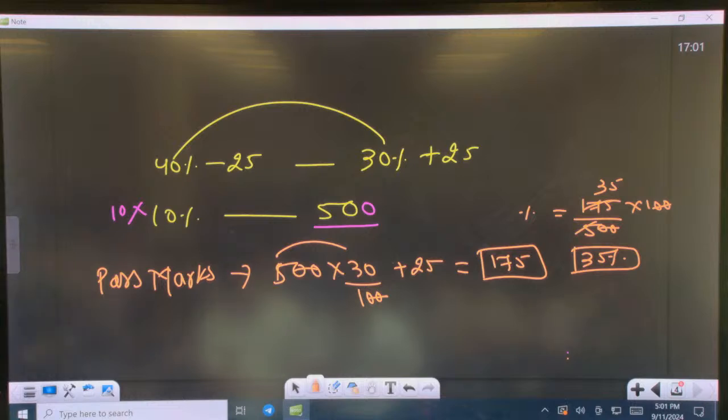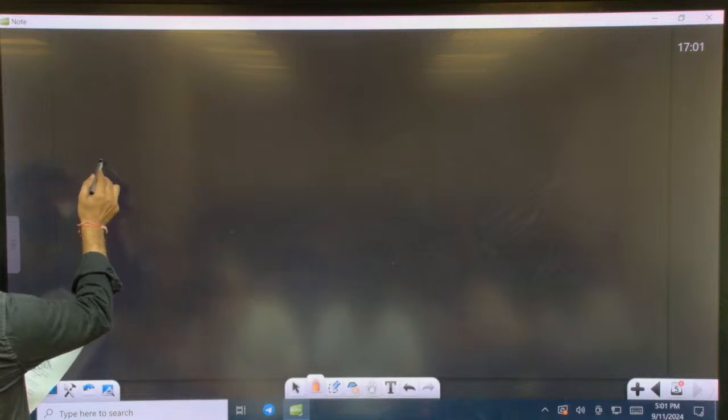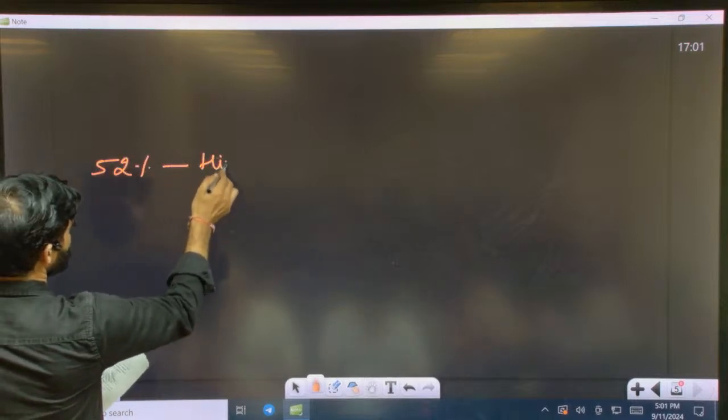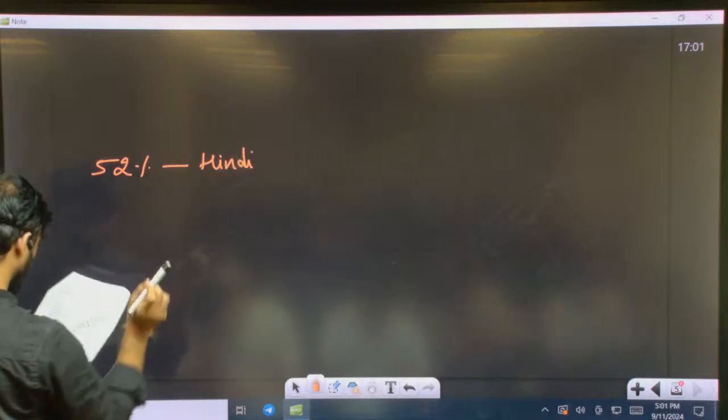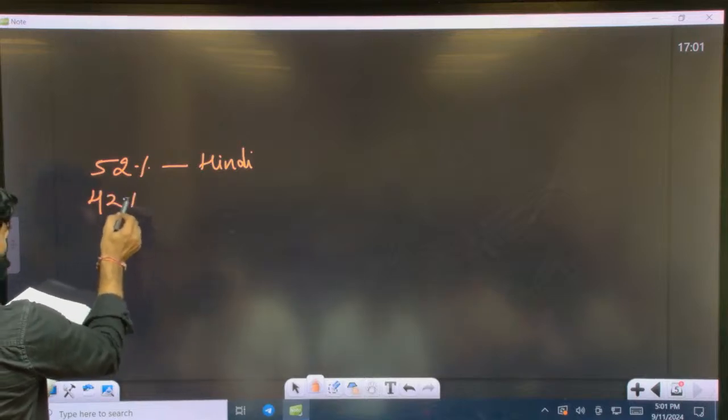In an examination, 52% students failed in Hindi, and 42% in English.